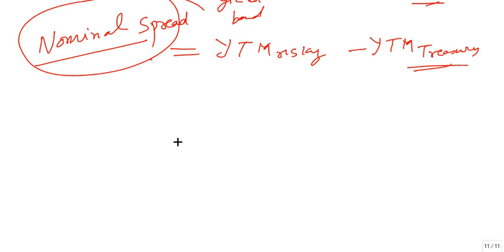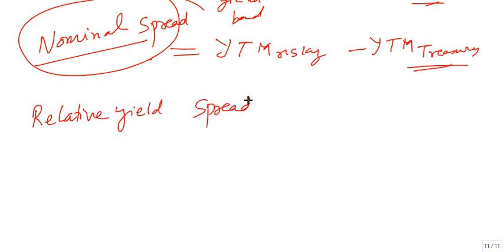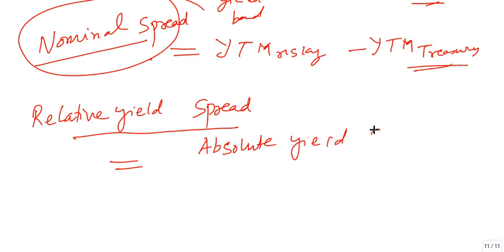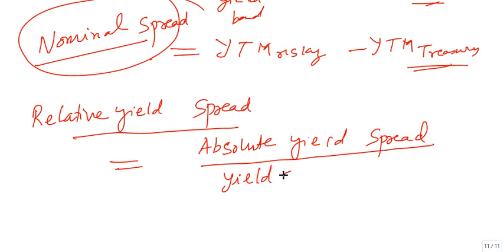Next is the relative yield spread. Find out what the relative yield spread is. The relative yield spread is the ratio of absolute yield spread and the yield of the benchmark bond.